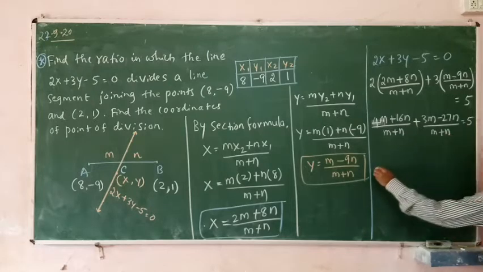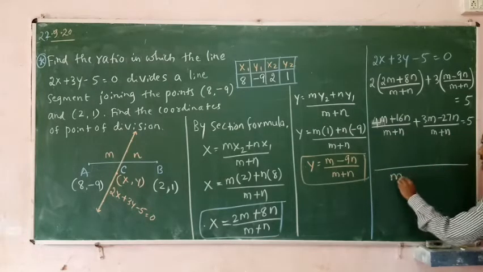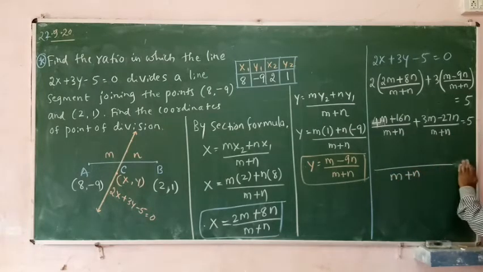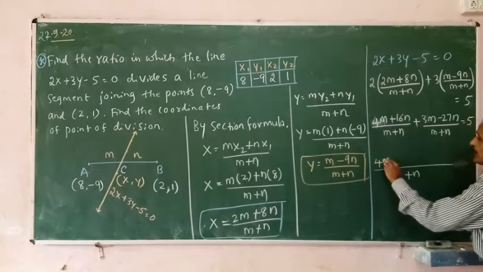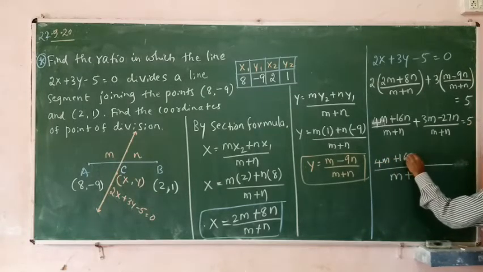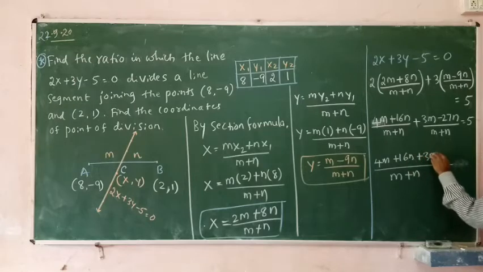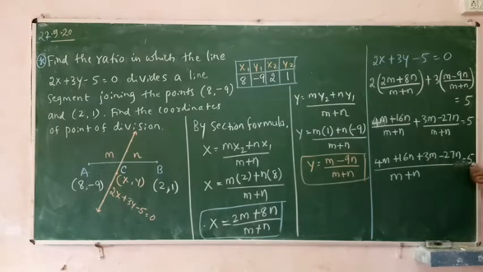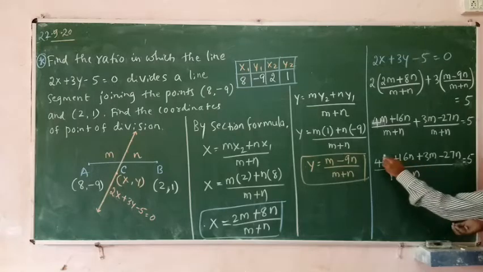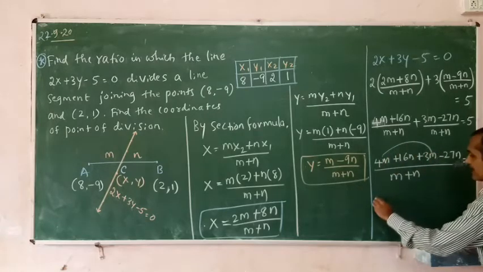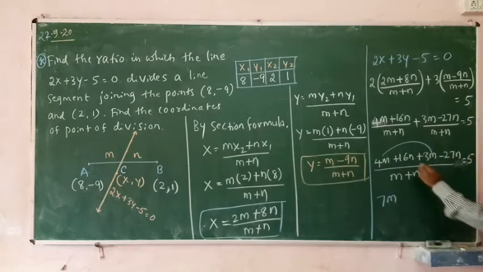I will make it common, LCM m plus n. I can write 4m plus 16n plus 3m minus 27n is equal to 5 times m plus n. Before cross multiplying, let me simplify. Add this, 7m.